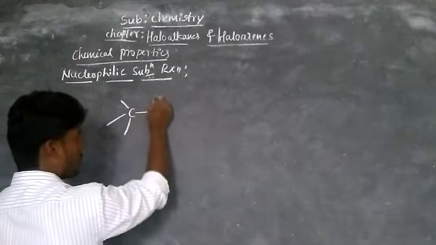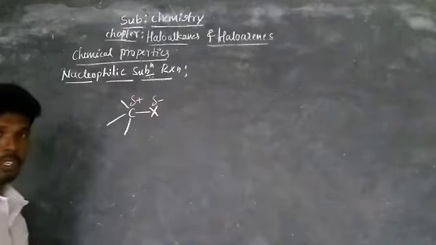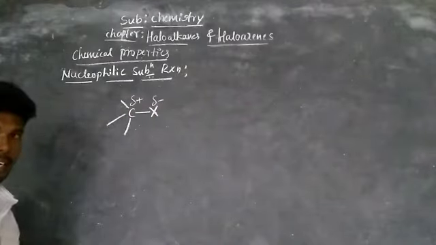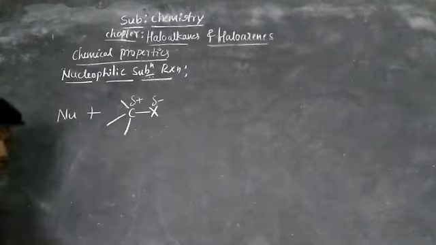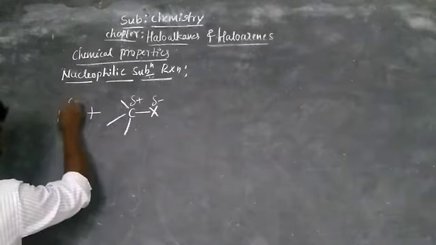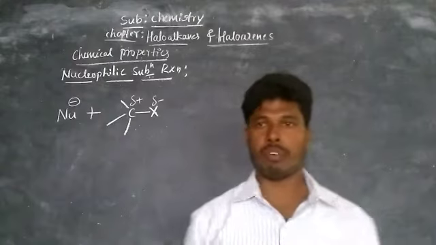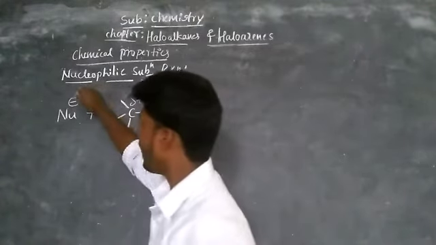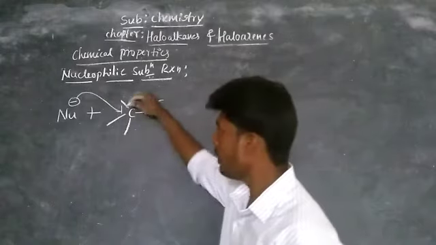Therefore you get a partial negative charge on the halogen and a partial positive charge on the carbon, right? Any nucleophile, represented as Nu, is rich in electrons. Hence this nucleophile gets attached to the electron-deficient carbon.